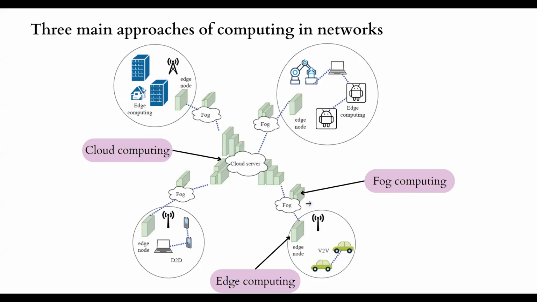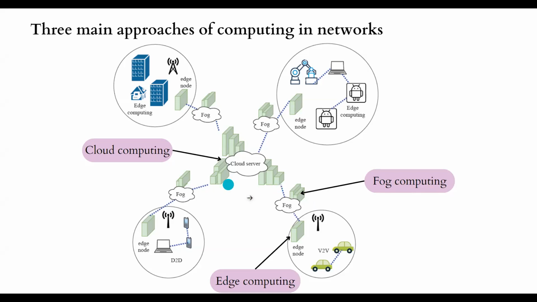So the methods of computing, as I mentioned, can be of three different types. We can have cloud computing, fog computing, and edge computing. These methods differ by the location where the processing happens.